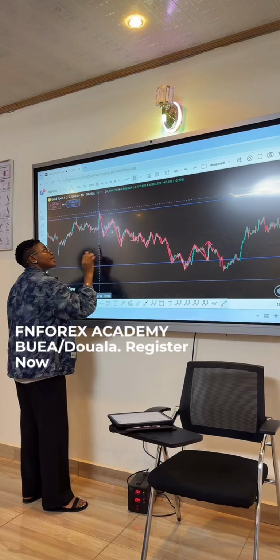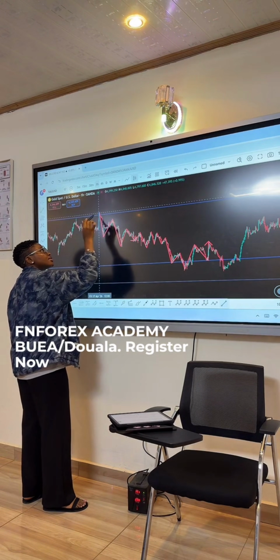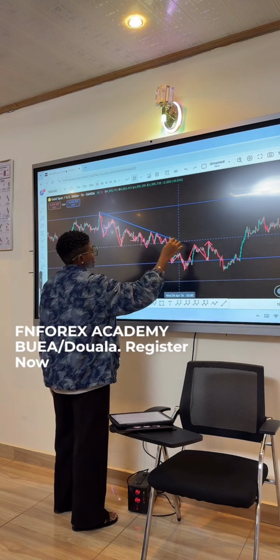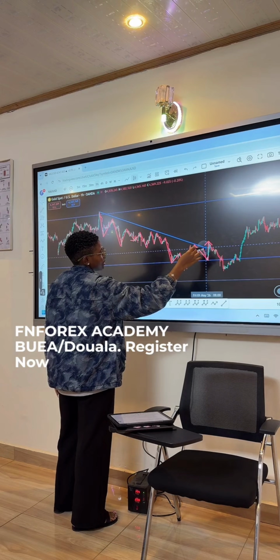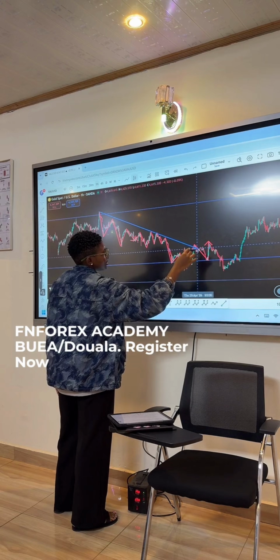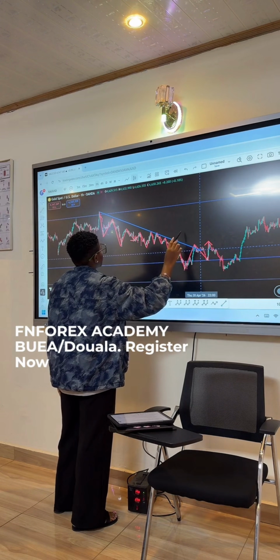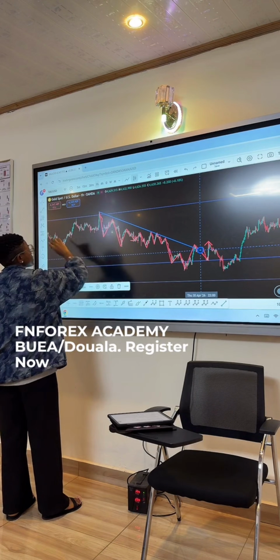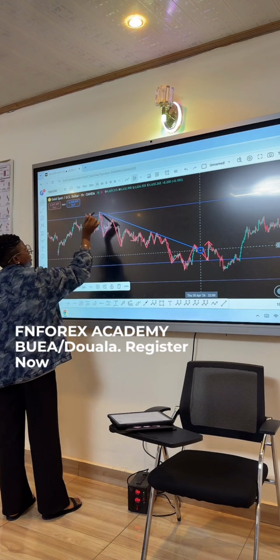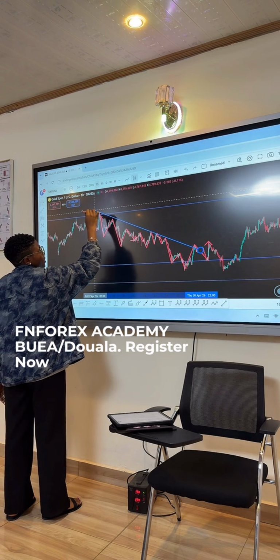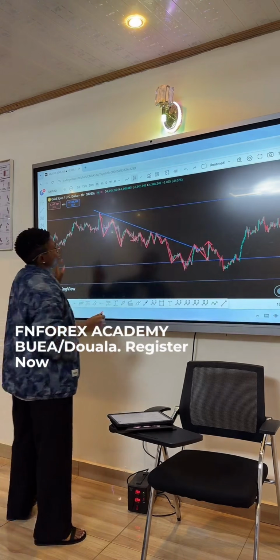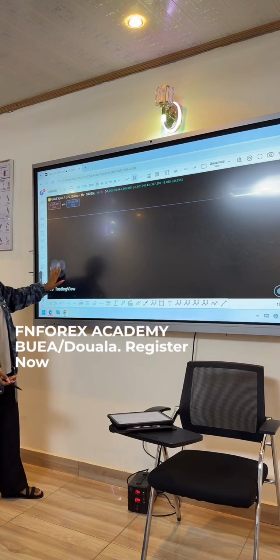Start from the high, the resistance level, then connect it. Remember, don't cut across the body of the candles unless where the breakout happens. So let's fill that gap. Remember what we said about gaps?